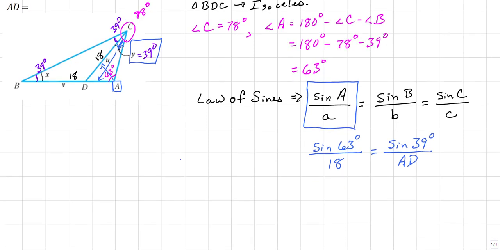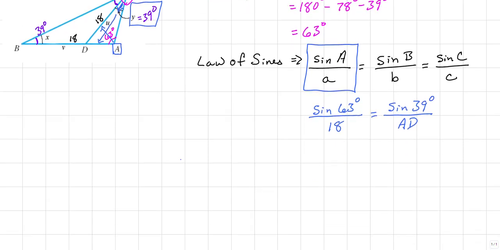Now remember, we're looking for absolute values here because distance has to be a positive value. So I know that AD is going to be equal to the following, because I'll multiply both sides by AD, because I want to get AD into the numerator. In doing so, I'm left with AD times sine 63 degrees over 18 is equal to sine 39 degrees.